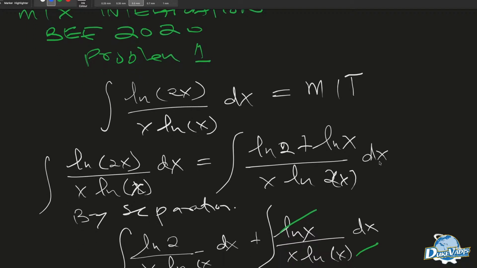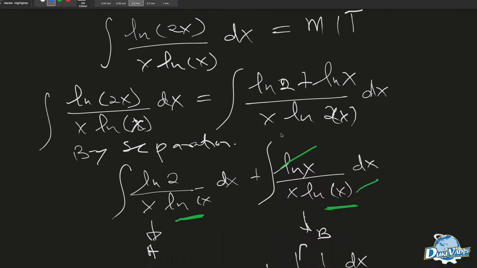So right from the top, we know this is the integration given. Then we separated the integration. So we know that here we have 2x, and it's the natural log of 2x. When we apply the properties of logarithm, this will be natural log of 2 plus natural log of x, all over the denominator.